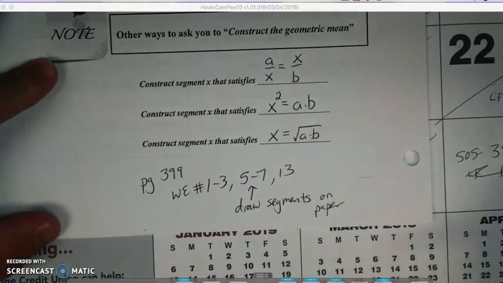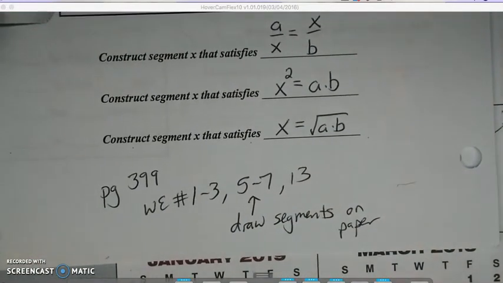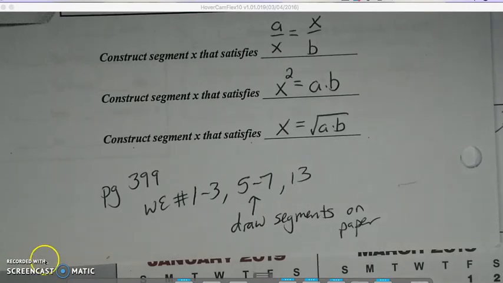So the assignment is right here: 399, 1 through 3, 5 through 7, and 13. Make sure you draw your segments on your paper for 5 through 7. And if this video is too fast, you can always go back and rewatch it. This whole hour is going to be working on this and then practicing the assignment. Right, then I will see you all on Monday.